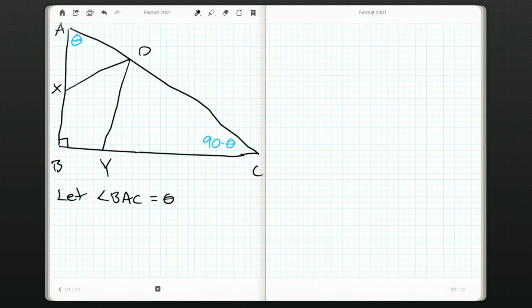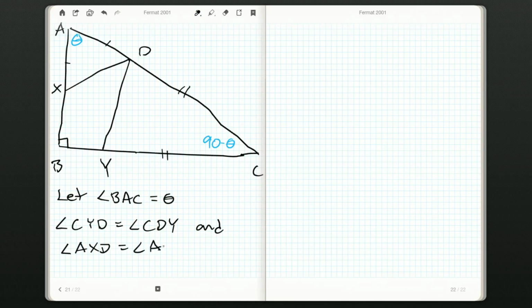Now that alone doesn't help me because there are still these angles here at X, D, and Y. But because we have isosceles triangles, we know that angle CYD is going to be equal to angle CDY, and angle AXD is going to be the same as angle ADX.